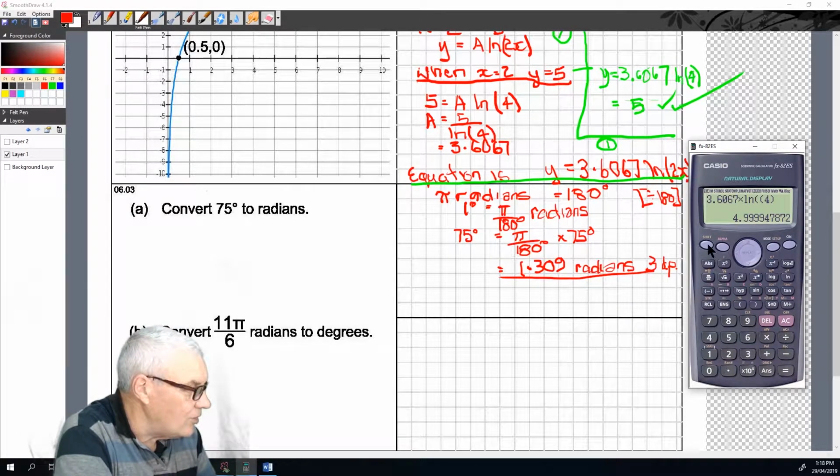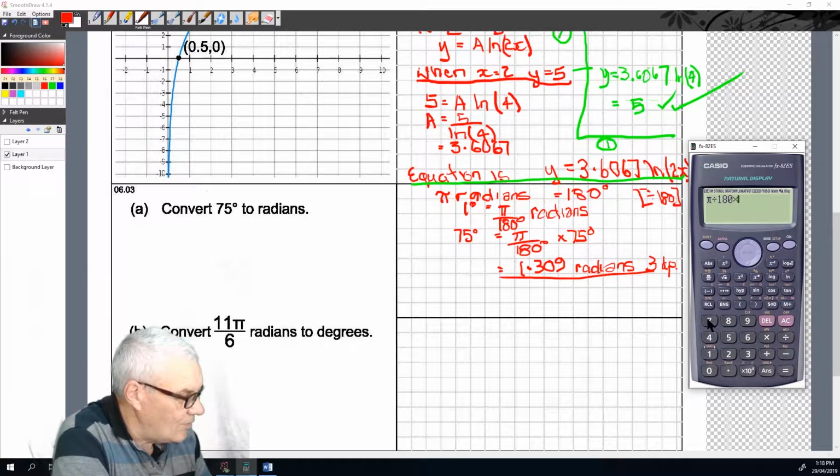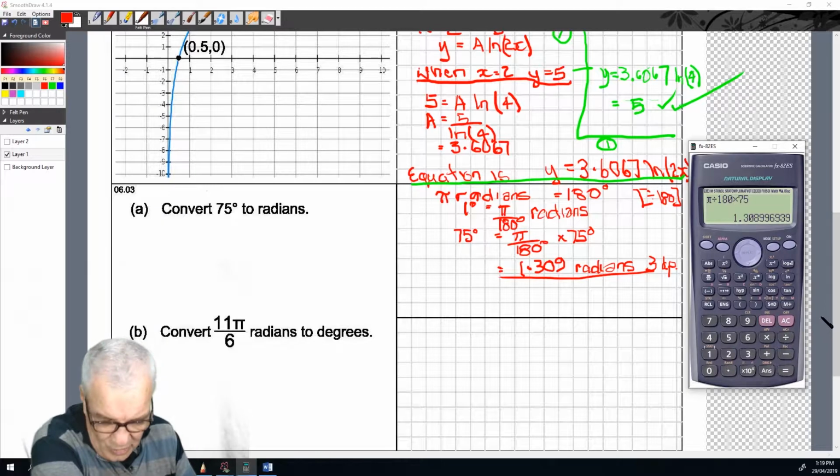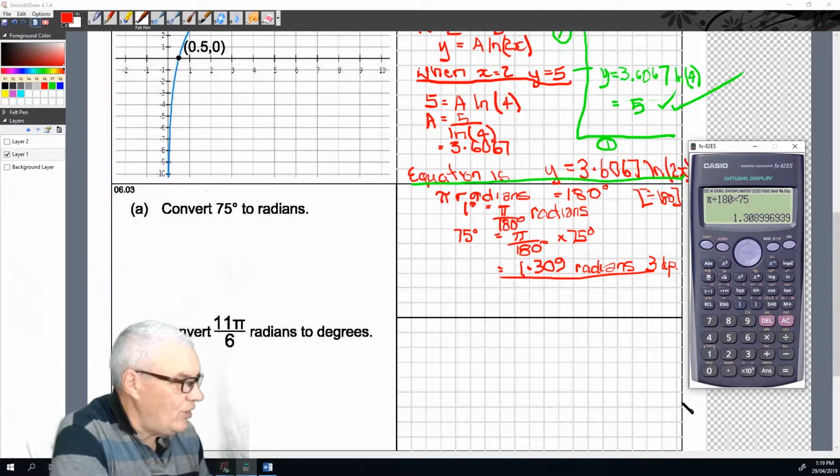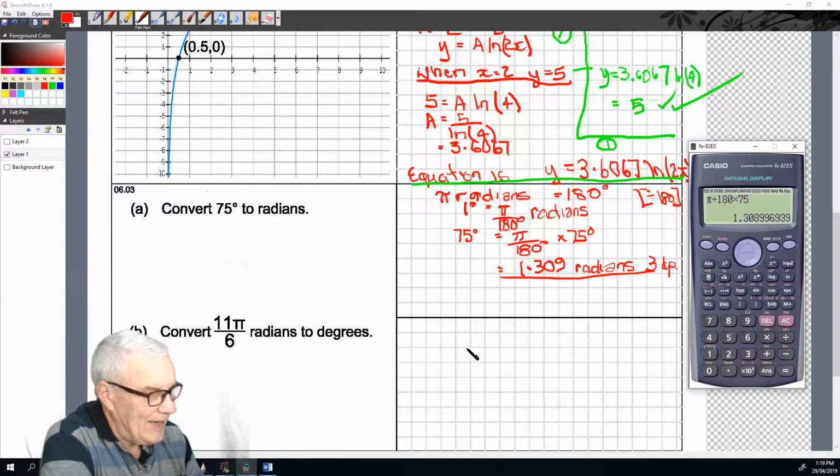We go shift pi, all clear first, and shift pi divided by 180 times 75 equals 1.309. 3dp. Yeah, 1.309.